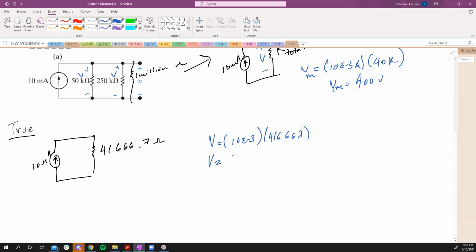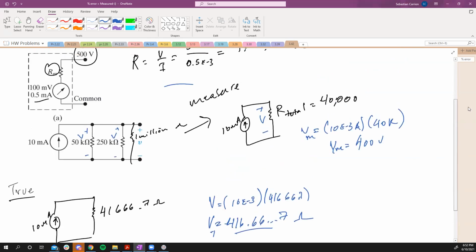That would be 416.666667 volts. So this would be our true, and this would be our measured.